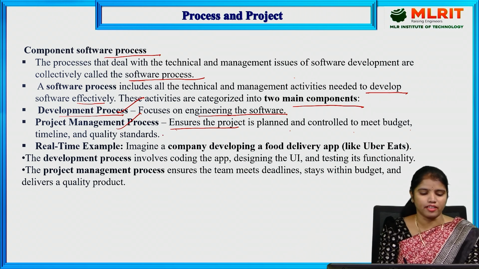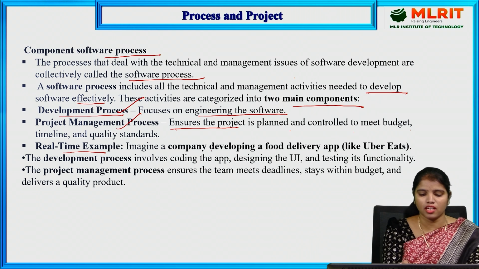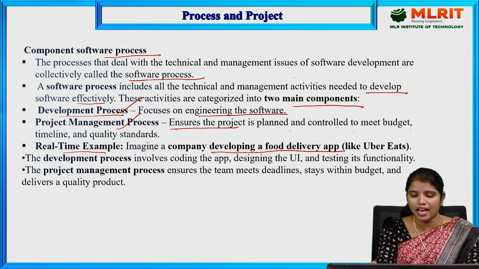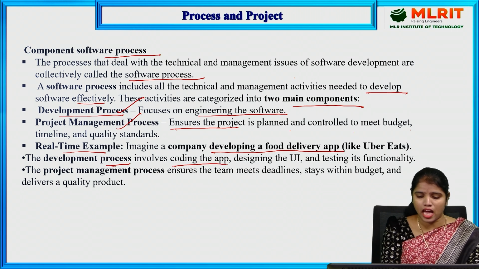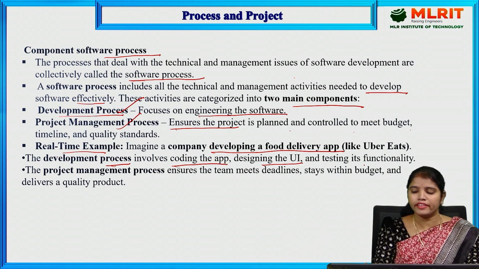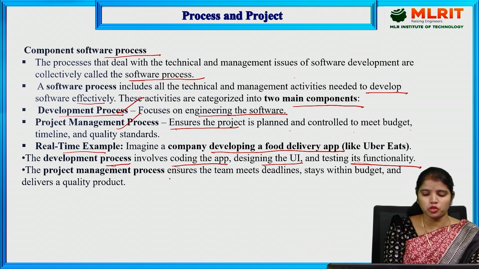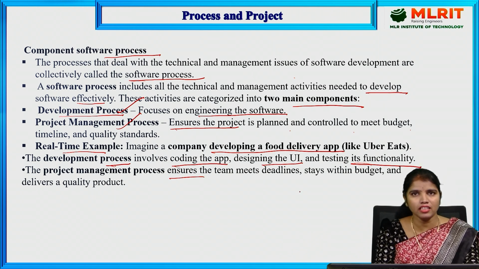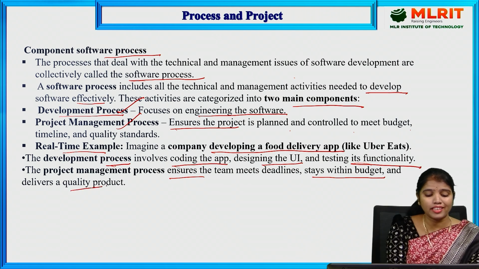For this, I am giving a real-time example: imagine a company developing a food delivery app. The development process involves coding the app, designing the UI and testing its functionality. The project management process ensures the team meets deadlines, stays within the budget and delivers a quality product.